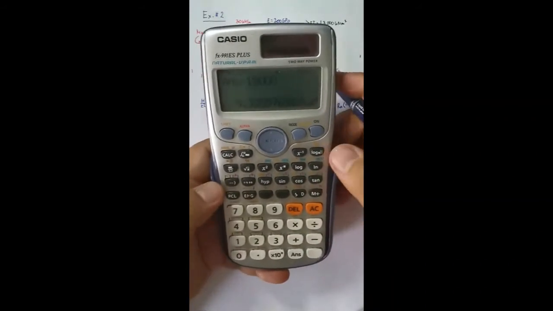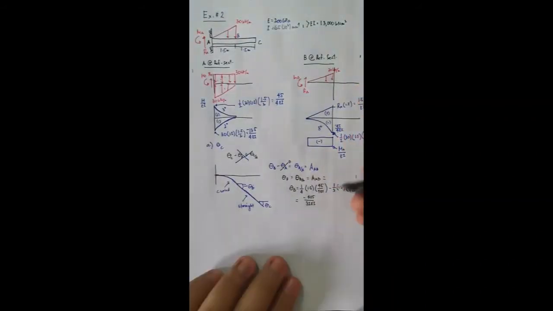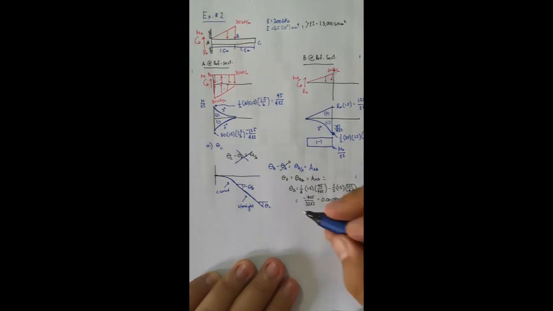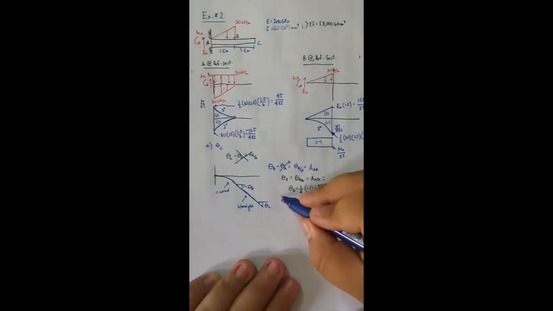Negative 9.7 times 10 to the negative 4, so that would be 0.00097 radians. Tapos negative, so siya ay clockwise. Now, this is theta B, but this is just equal to theta C because this is a straight line. So, yan na yung answer natin for the first part of the problem.